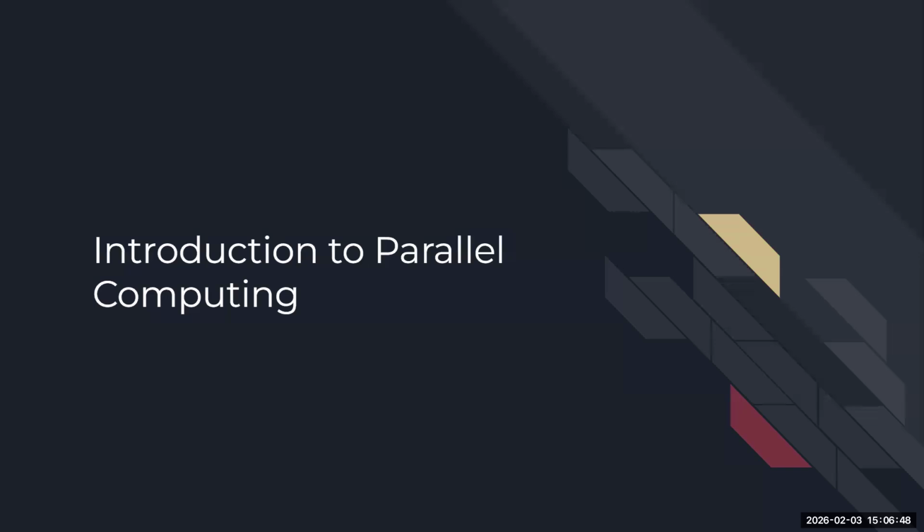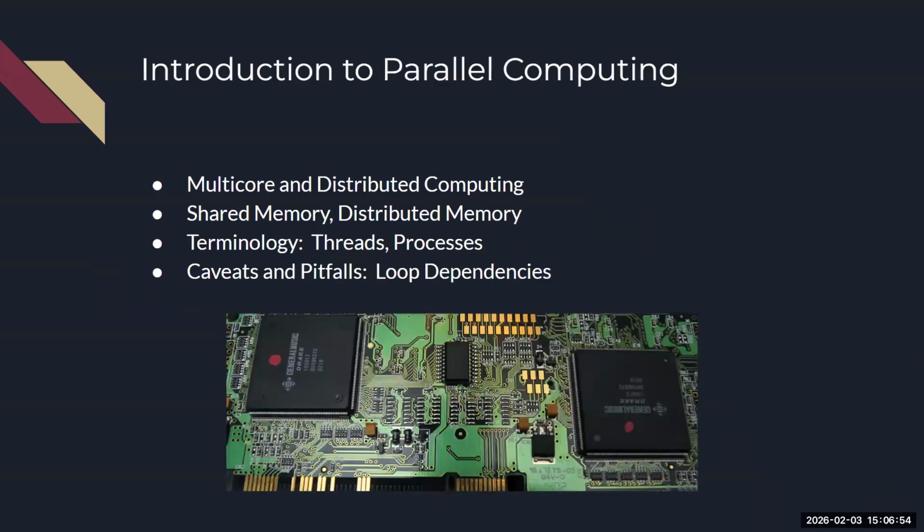So to get started, let's talk a little bit about what parallel computing is in the first place. When you're doing computing or programming in general, a program is effectively a sequence of instructions. Your computer will read them line by line. If it's an interpreter or a compiler, it's the same thing effectively. It will read your instructions line by line and execute them.